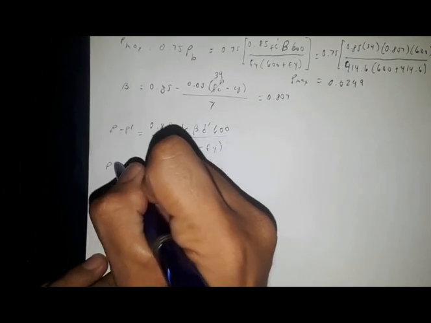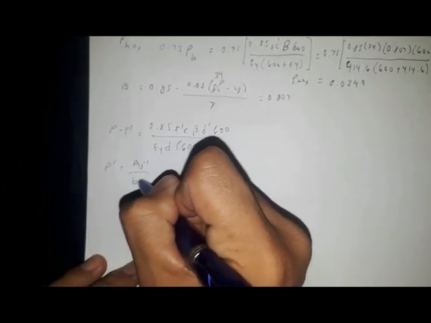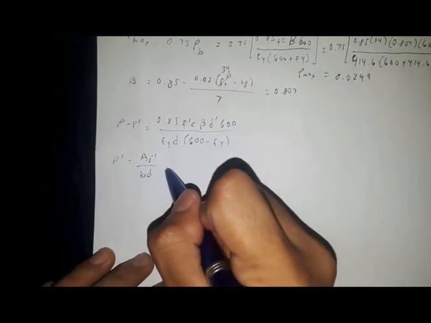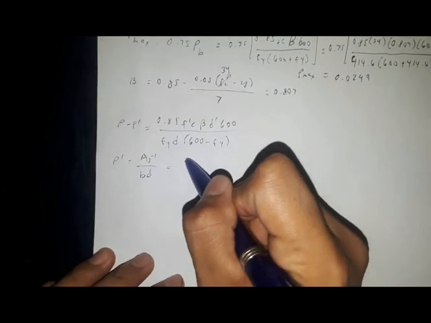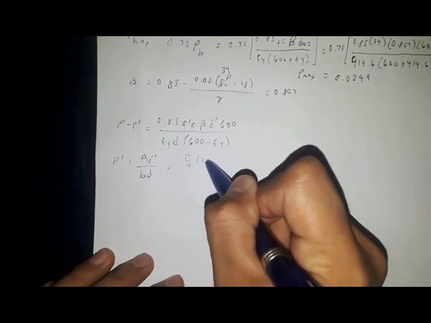So, yung rho prime is equal to AS prime over BD. And that is equal to pi over 4 times 25 squared.